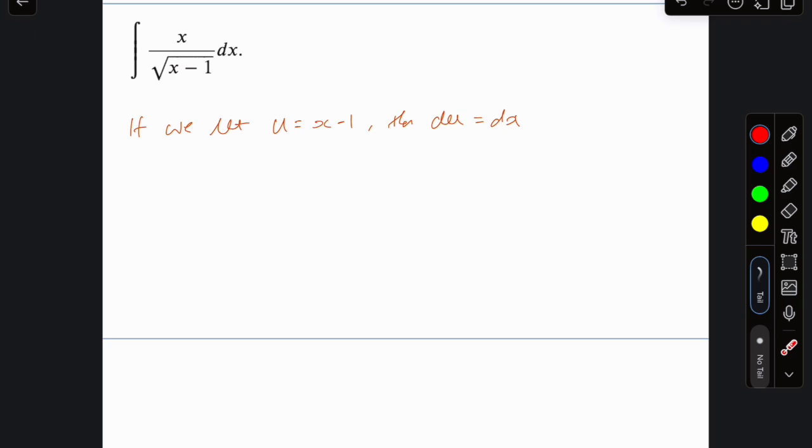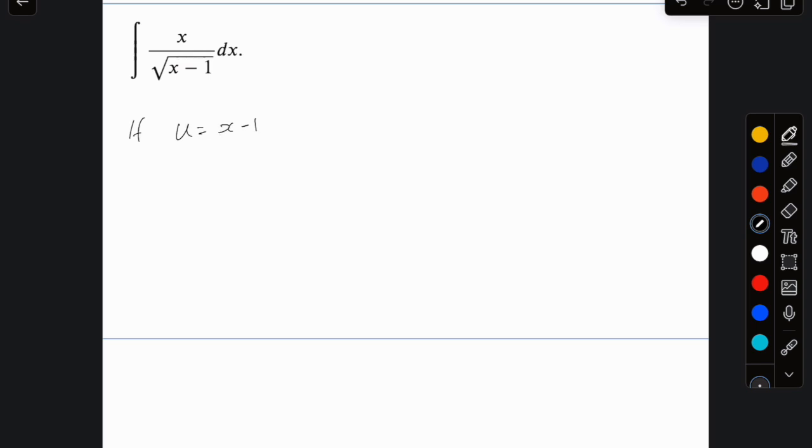So what can we do instead? Well, we can say that if u is equal to x minus 1, right, then we can say x is equal to u plus 1.